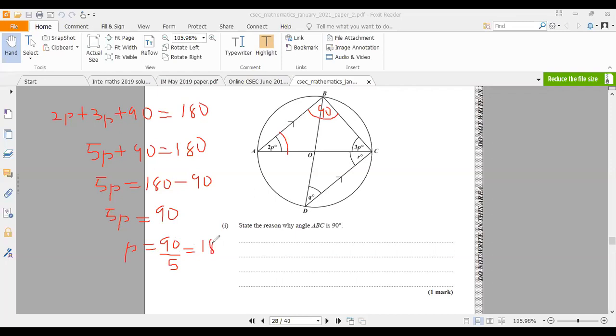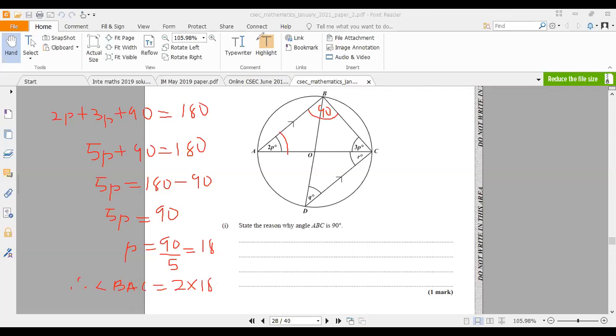Now remember, they asked for angle BAC. BAC is equal to 2 times 18. Everybody see that? Why 2 times 18?